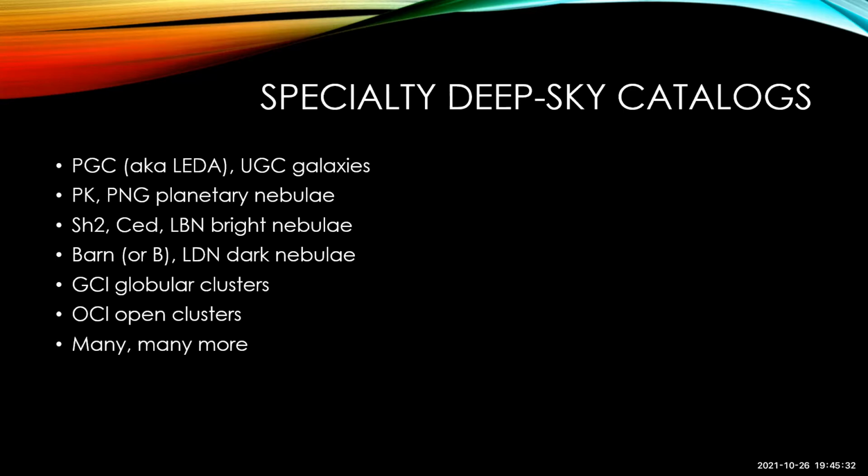When we get to globular clusters and open clusters, there are plenty out there. The mnemonic that one might use for globulars is not really set in stone. Most of the globular clusters live in another catalog and are known by the other catalog name.